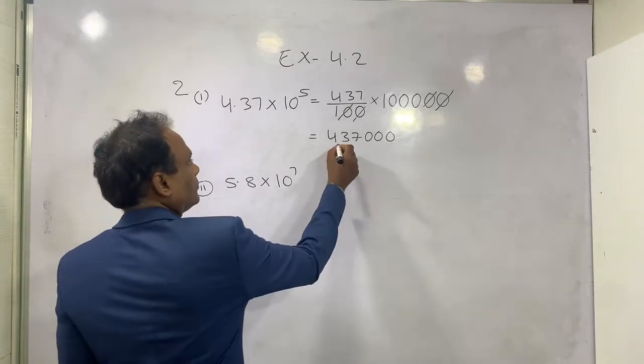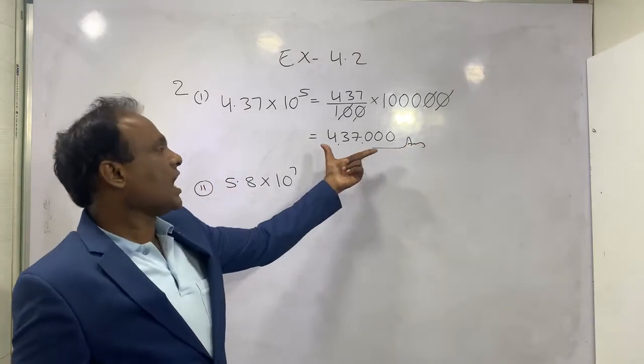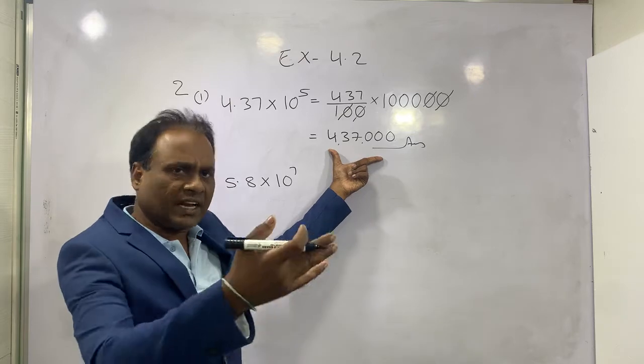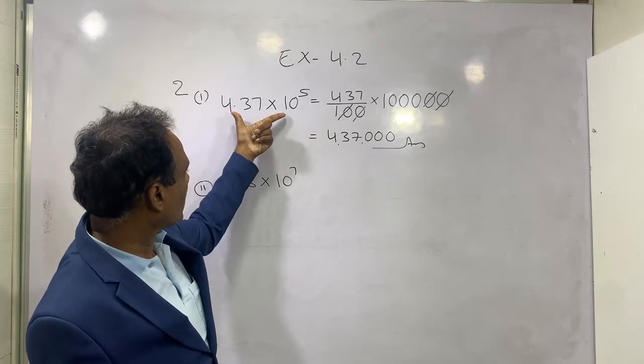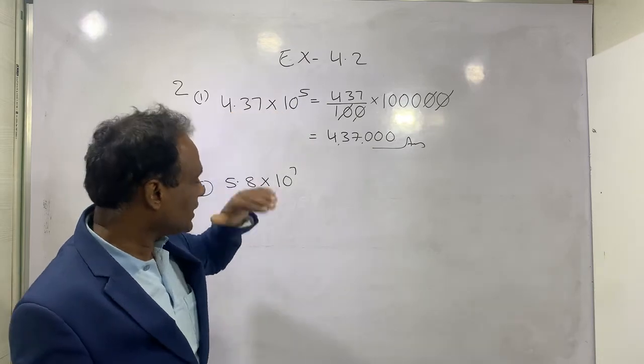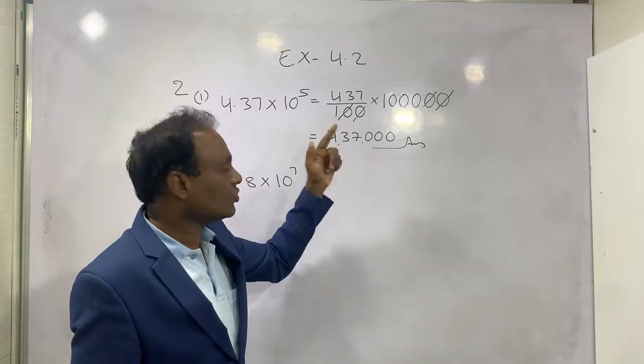This is the normal form, usual form, how we generally write the numbers like this. But it can be done in another form which is called standard form. So here the question is, standard form is given, change it into usual form.